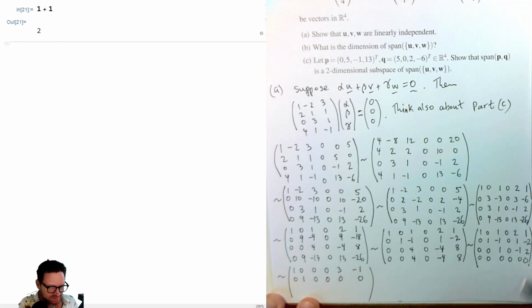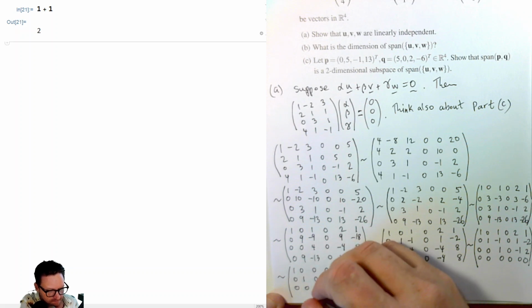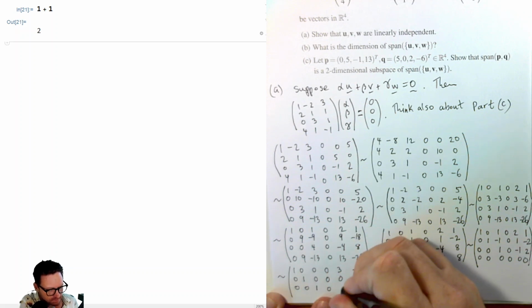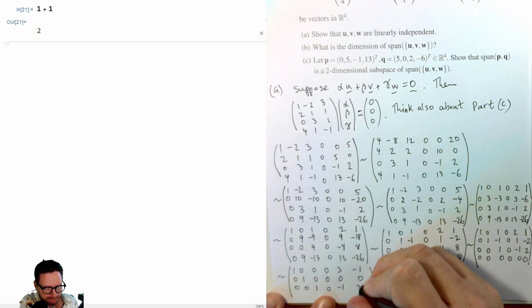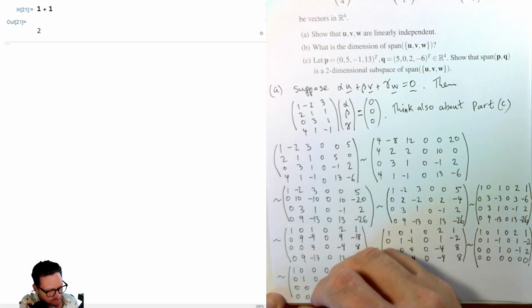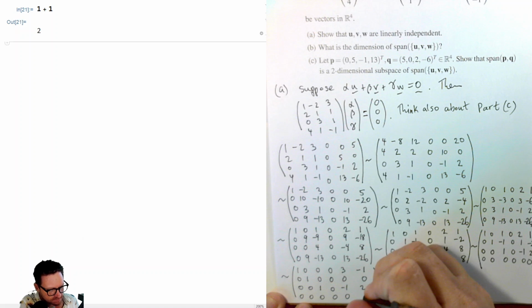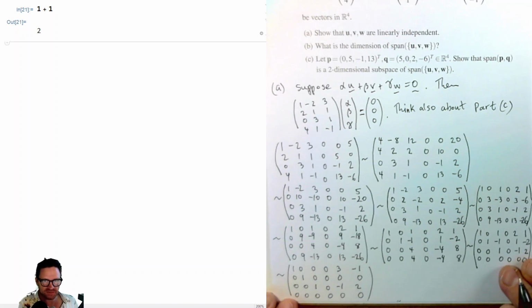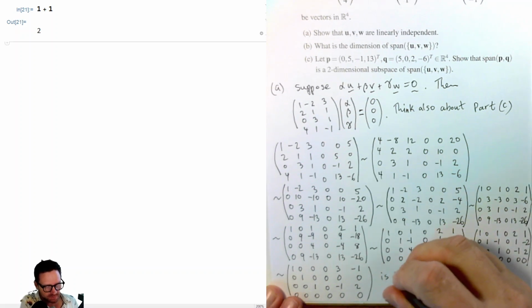And we'll keep row 3 the same. And row 4 is a row of zeros. Okay, so this matrix is in row reduced echelon form.